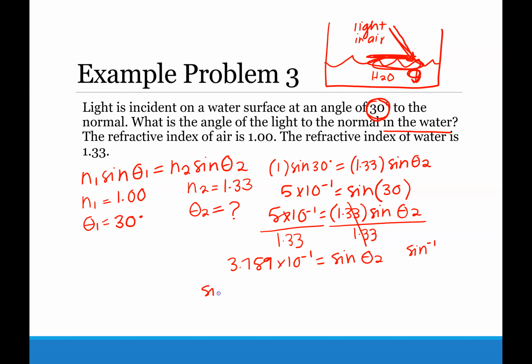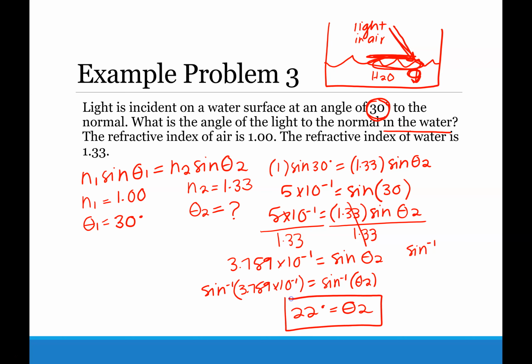So we're going to take the inverse sine of 3.759 times 10 to the minus 1, inverse sine of angle 2, and the inverse sine of angle 2 is the angle. So in our calculators, second sine minus 1, 3.759 second EE minus 1, close parentheses, that is going to equal about 22 degrees, and that is going to be your angle 2.